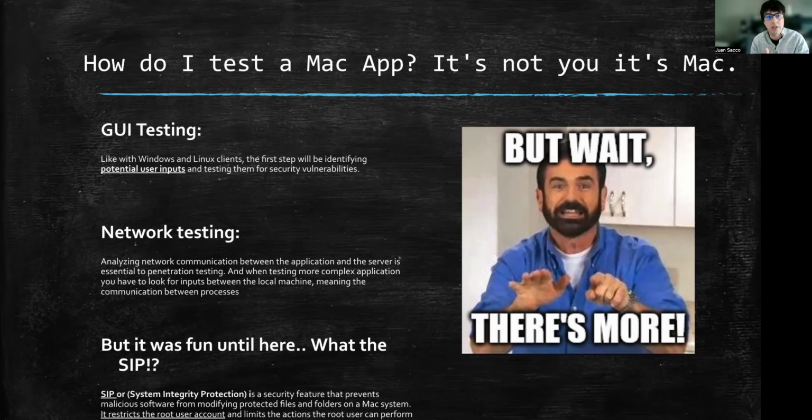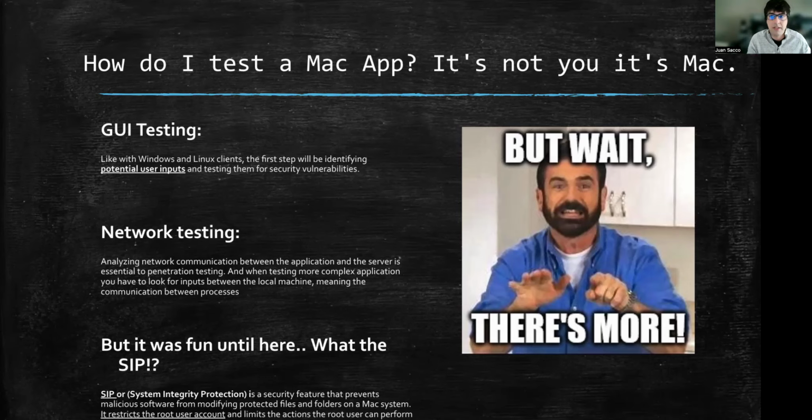Or maybe it's doing something locally, as I'm saying, meaning communication between processes. Maybe it's asking for a privileged action, or maybe doing an XPC call, or doing something locally to a stream, and then using that stream to get a type of execution. That's something that you need to look for.